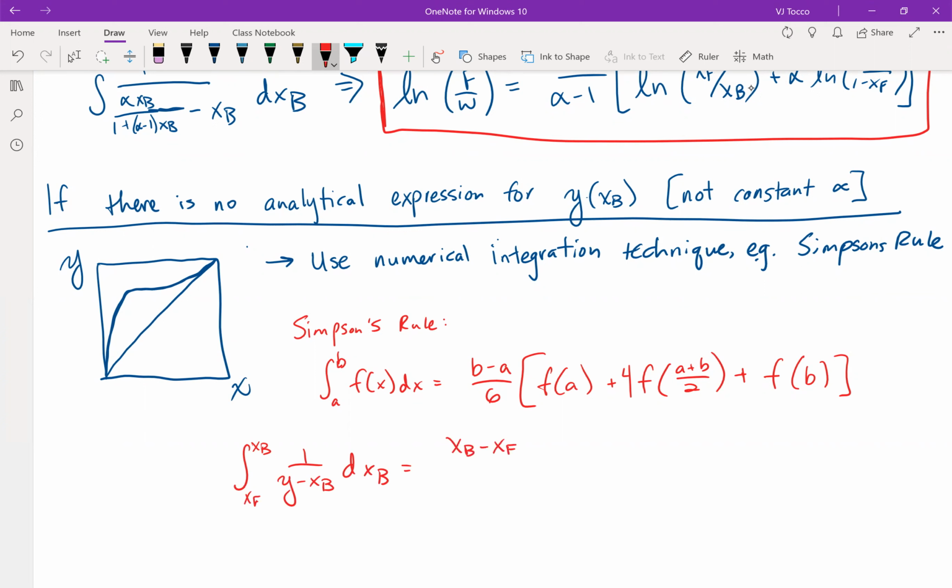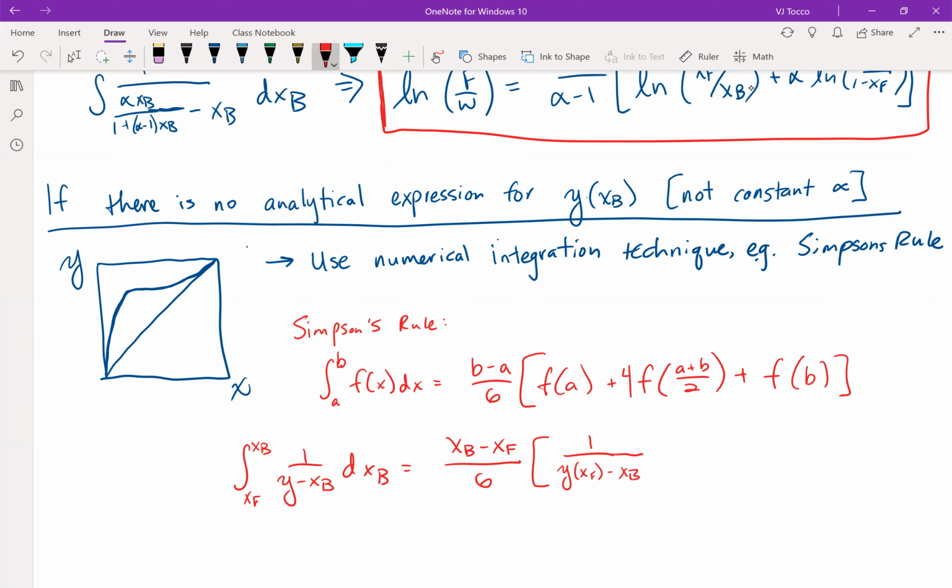And this would in general be a negative number, so don't be confused by that. xb is going to be less than xf because these are both of the more volatile component. The value of the function at a is going to be whatever y is at xf, right? So it's 1 over (y at xf minus xb).